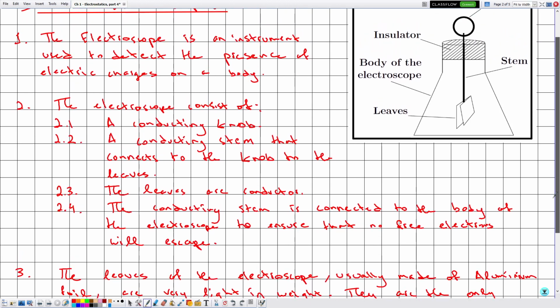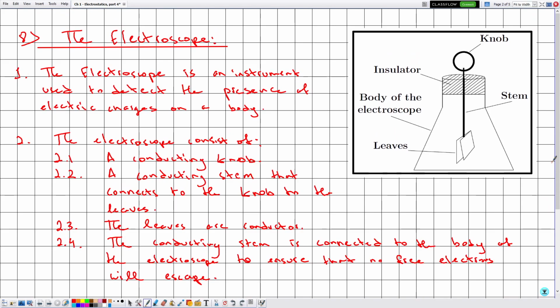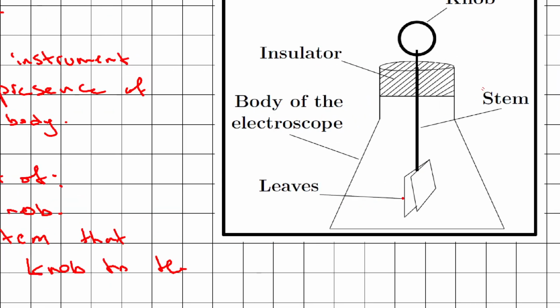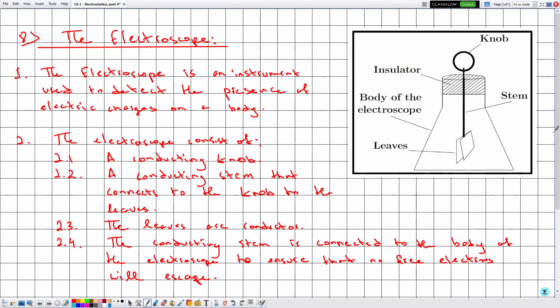So after we have justified the different parts of this electroscope, we mentioned something about the leaves, that these leaves can move freely and they are very light in weight. So they play a similar role to the pieces of paper or the paper clips.